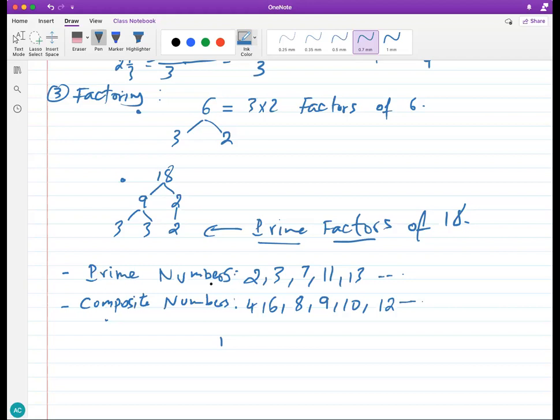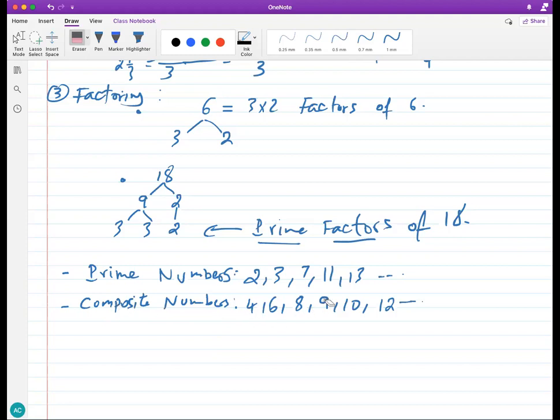So remember, the prime numbers start from 2. But teacher, is 9 a composite number or prime?